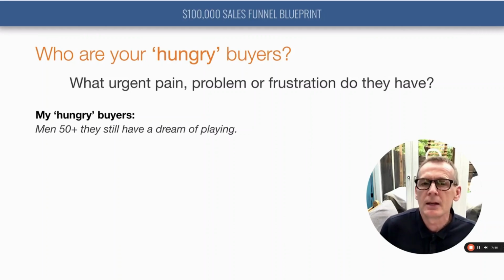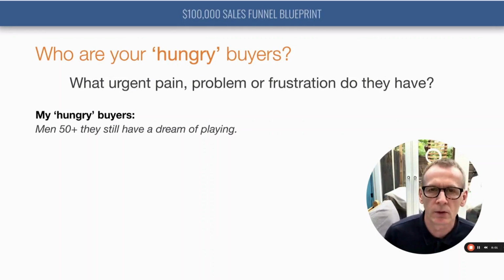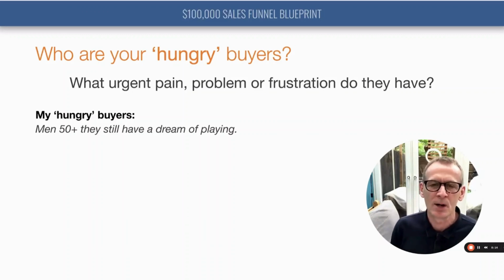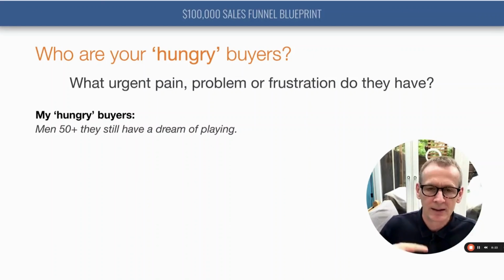Or maybe they played guitar a little bit when they were younger, but never really mastered it, but always still hold on to that dream of actually being able to play, which is where I am. I've got a couple of guitars knocking around, and I don't think my guitar skills have developed much in the last 30 odd years. But I still hold on to that idea of being able to play, and I still do enjoy it, but I come in and out of it.